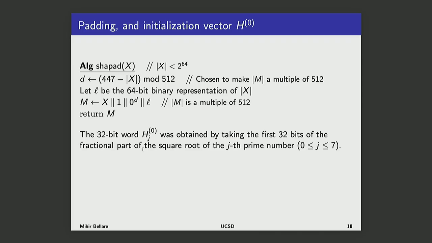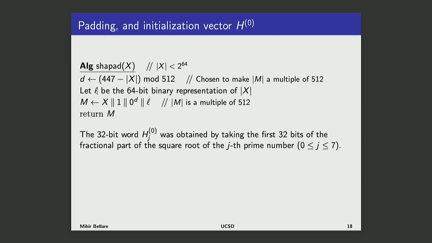So then here are some details. This is a description of how that padding function worked. Remember, it took an arbitrary length string. It wants to produce something whose length is a multiple of 512. It turns out that you can't just do something like zero padding. That wouldn't be secure. So the way they do the padding is they take the original x, and at the end of it, they want to put the length of x.